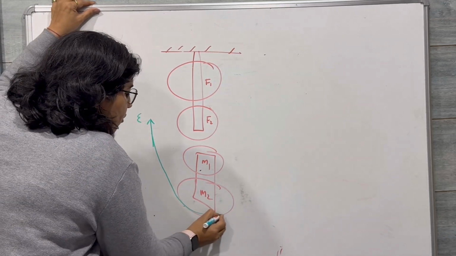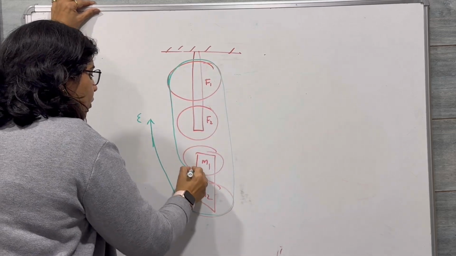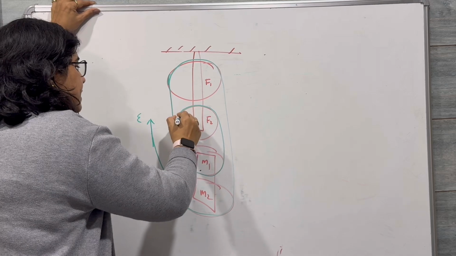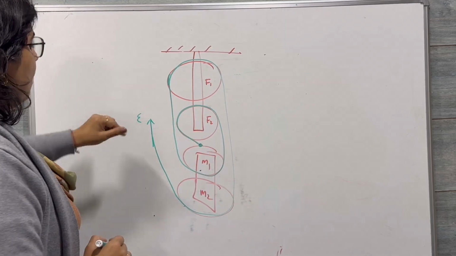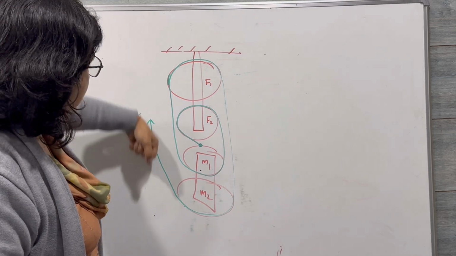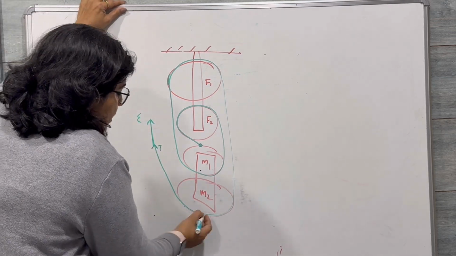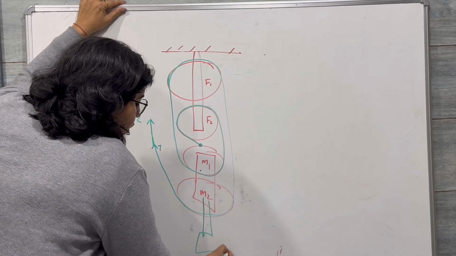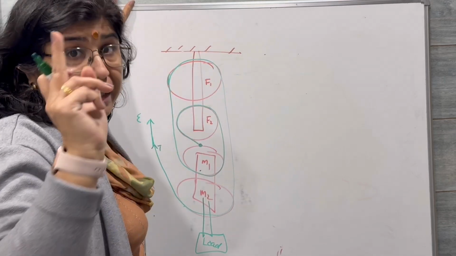So below the movable, above the fixed, below the movable, above the fixed, and there it gets joined here. Now you see. Now this effort, the tension will be here also. This is also supporting the load. This is one different case where effort is applied upward in block and tackle.